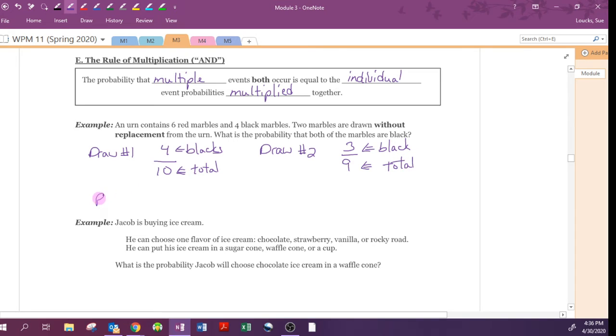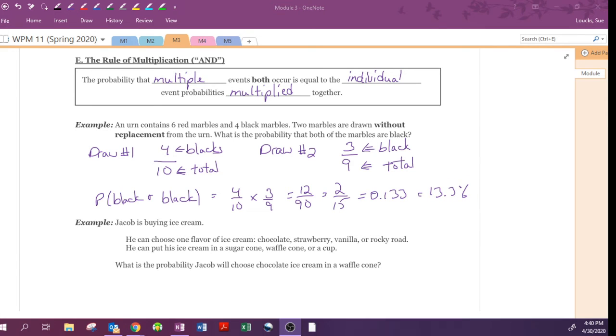So the probability of black and black is 4 out of 10 times 3 out of 9, which is 12 out of 90, which reduces to 2 out of 15, which is 0.133, which is 13.3%. Okay?